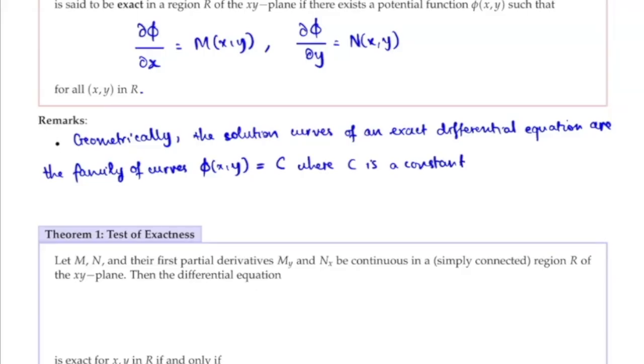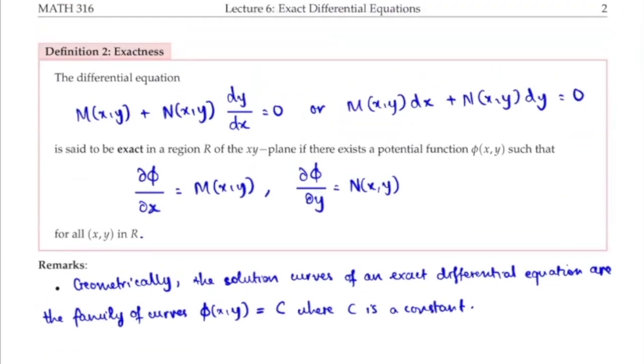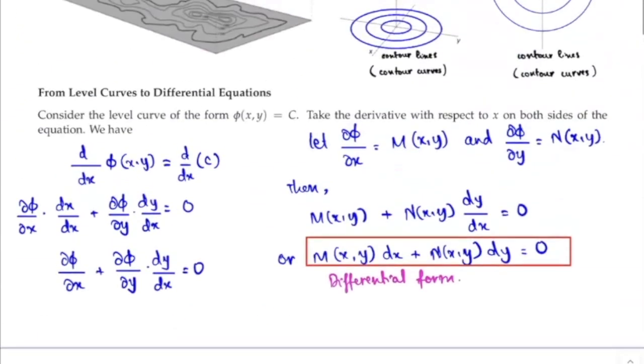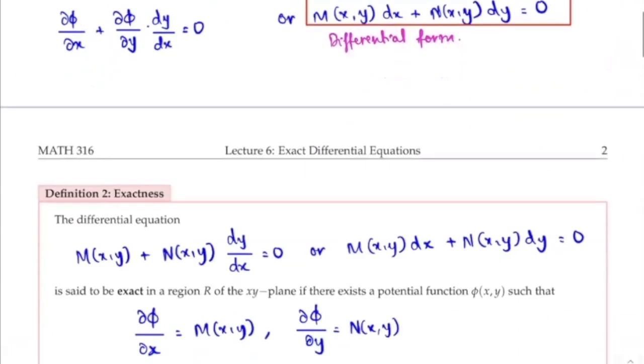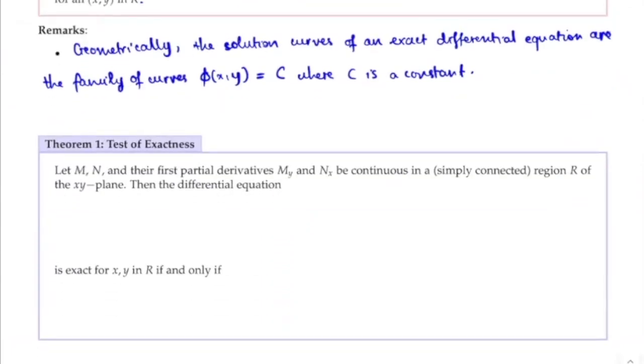Okay. So it makes sense, right? Because we derived this type of differential equation starting from level curves equations, starting from here. Therefore, if you have a differential equation of this form, then you can find the solution, and the solutions therefore have this equation. Okay.